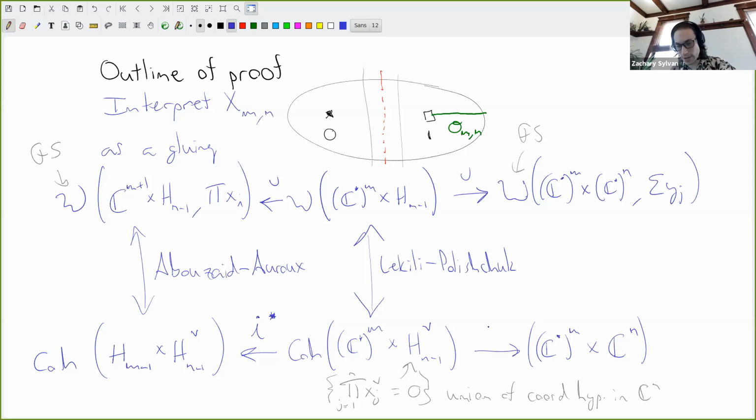This is an inclusion along a divisor, right? The mirror to the pair of pants is the union of the coordinate hypersurfaces in this Cn. So I left out a co, whoops. I lower star.